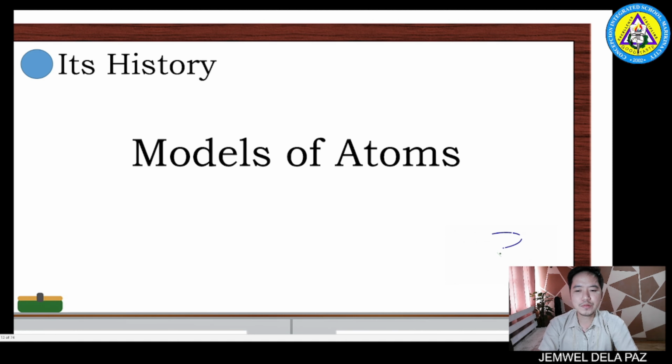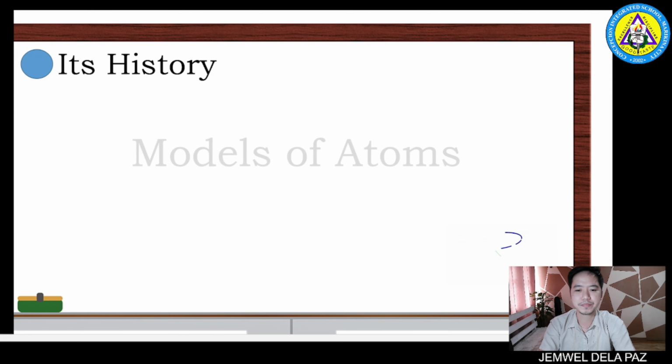On the previous and earlier times, they don't have such materials. But the minds of our scientists are very good that they were able to visualize how an atom looks like based on their experiments, based on their theories and observations. Let us discuss the different models proposed by these scientists.